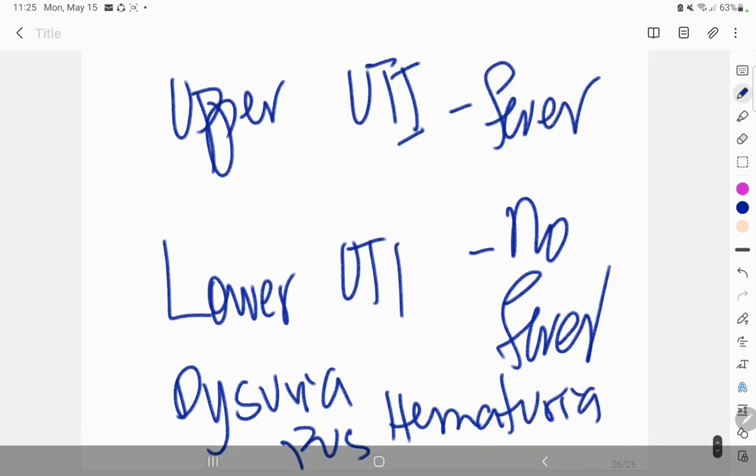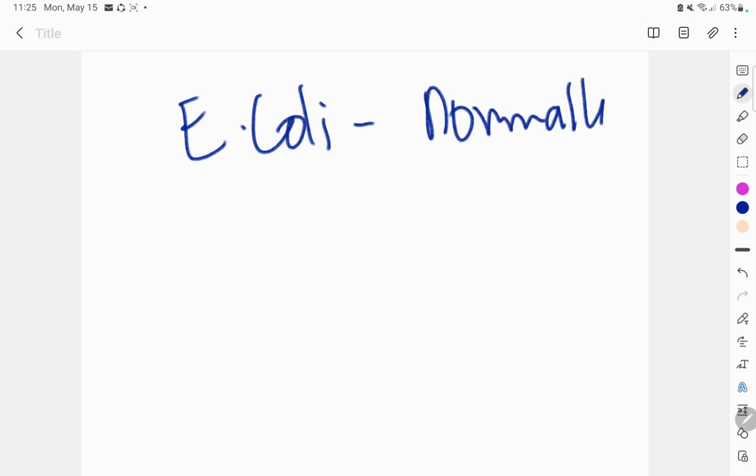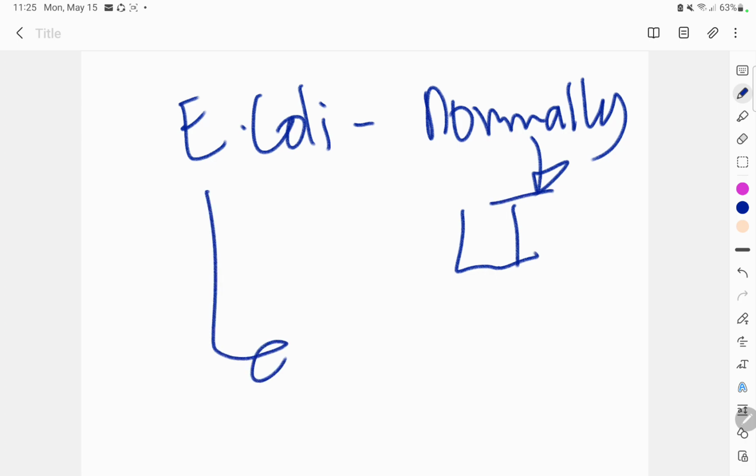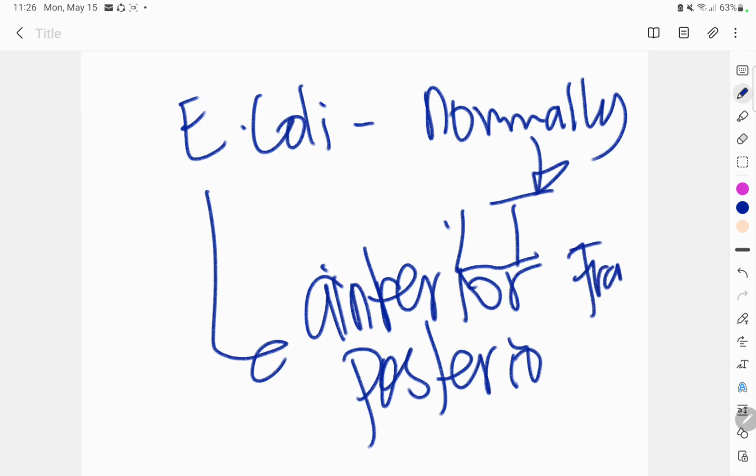So, what is the causative agent of your UTI? That is your E. coli. Normally, saan makikita ang E. coli? Sa large intestine. Kaya when we wipe our anal area, make sure that it is from anterior to posterior, or from front to back. No?